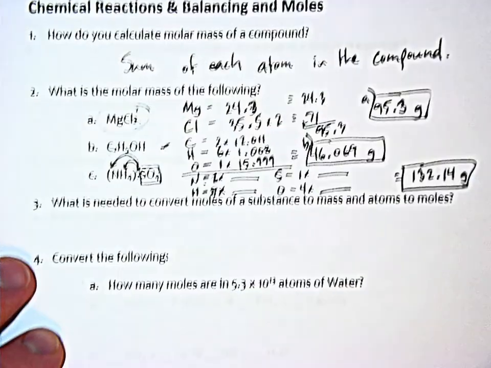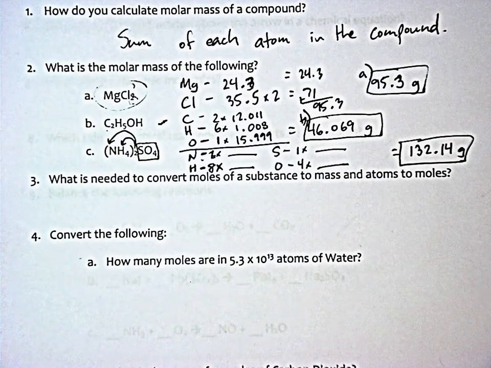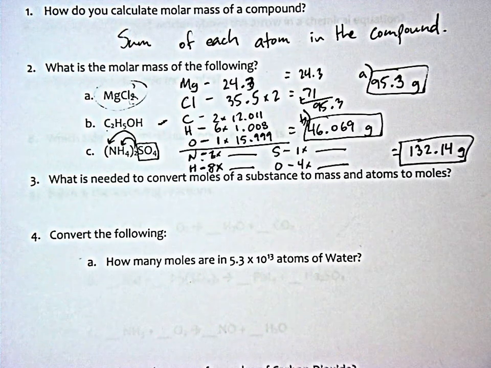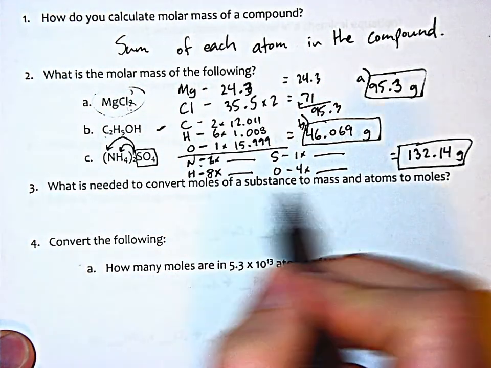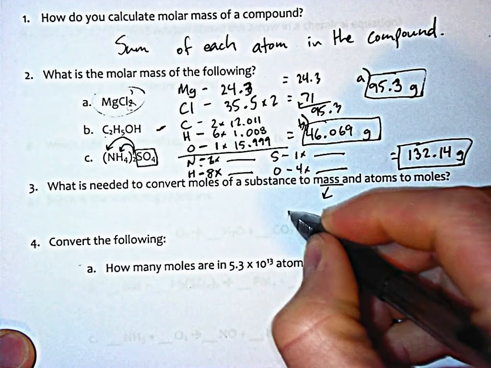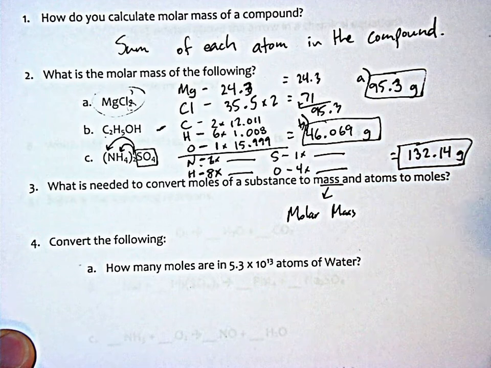For number 3, what is needed to convert moles of a substance to mass and atoms to moles? For the first part, moles of a substance to mass: if I'm going to convert moles to mass, I'm going to need the molar mass of the compound.